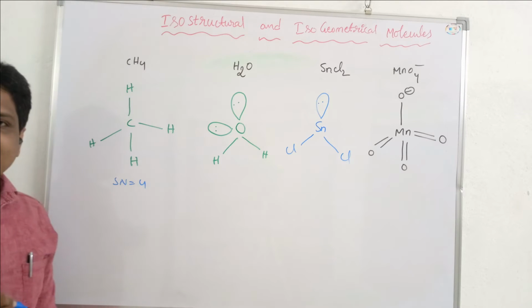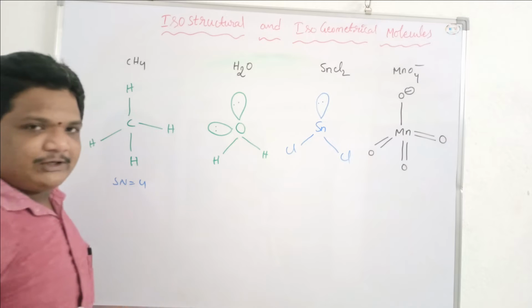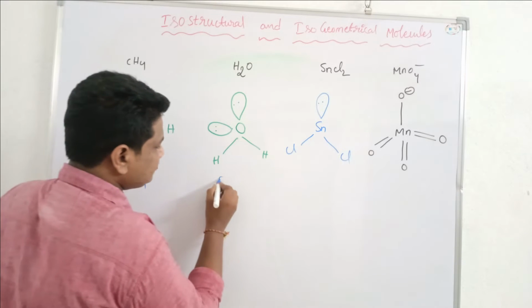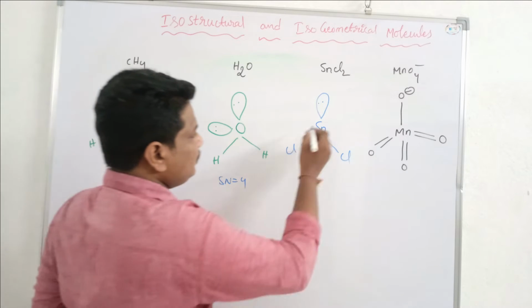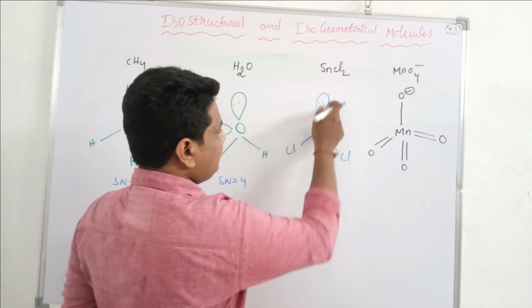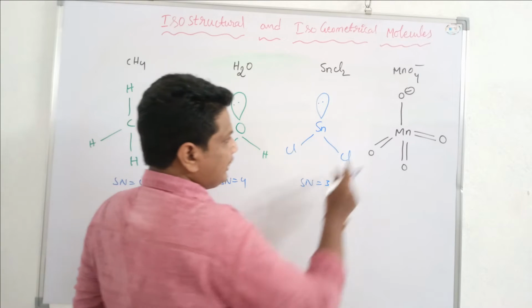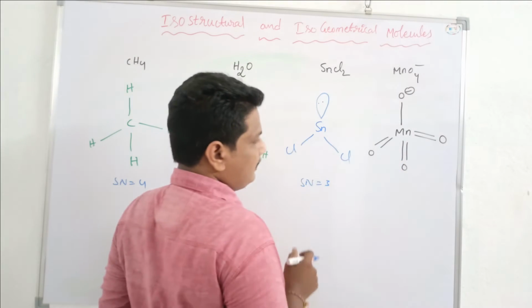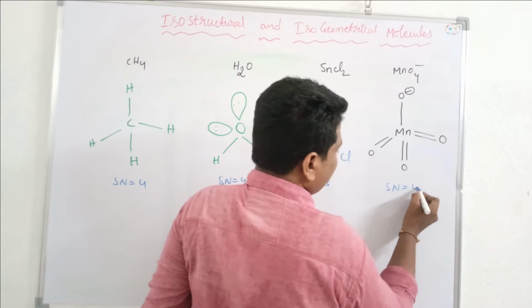In H2O we have 2 lone pairs and 2 sigma bonds, so the steric number is 4. In SnCl2 we have 2 sigma bonds and 1 lone pair, so the steric number is 3. In MnO4 minus we have 4 sigma bonds, so the steric number is 4.